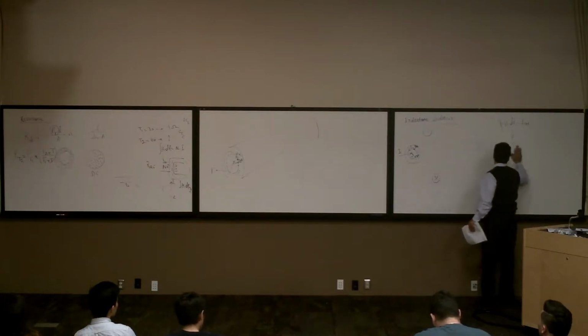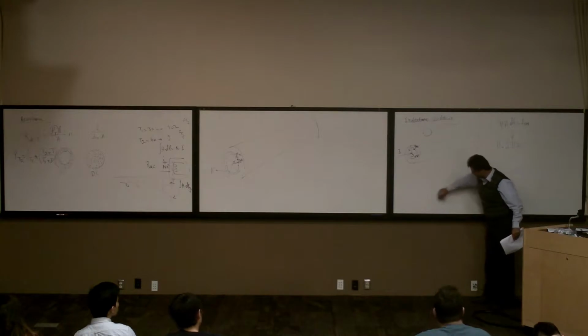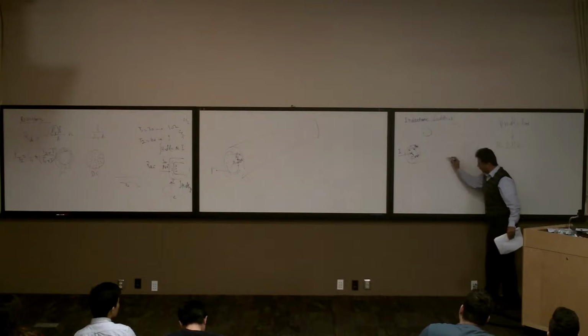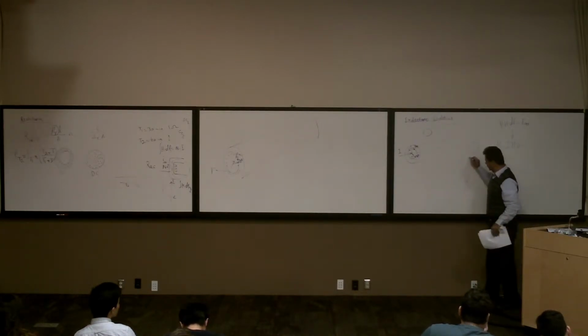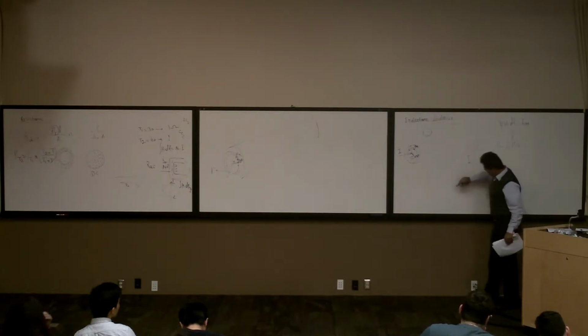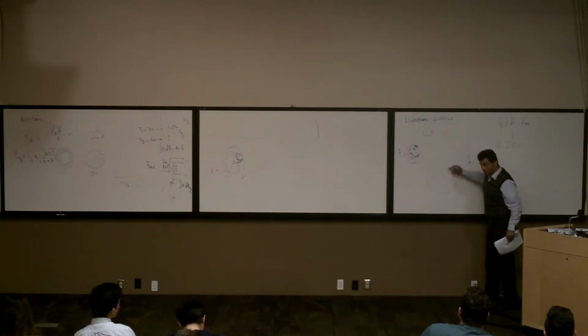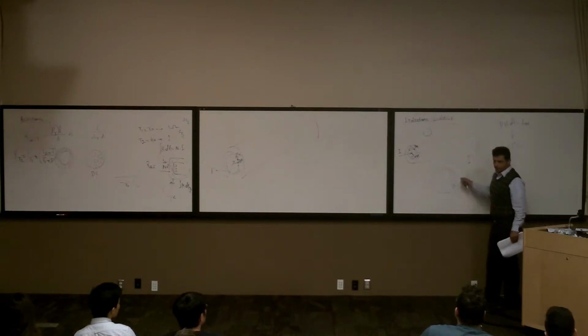How much is the I net? Can somebody tell me? I have a conductor with radius r, and the current going through this conductor is I. Now I have another circle inside this one, and the radius of this one is x. How much is the current here? I know in the whole conductor I have I. How much current is going here?